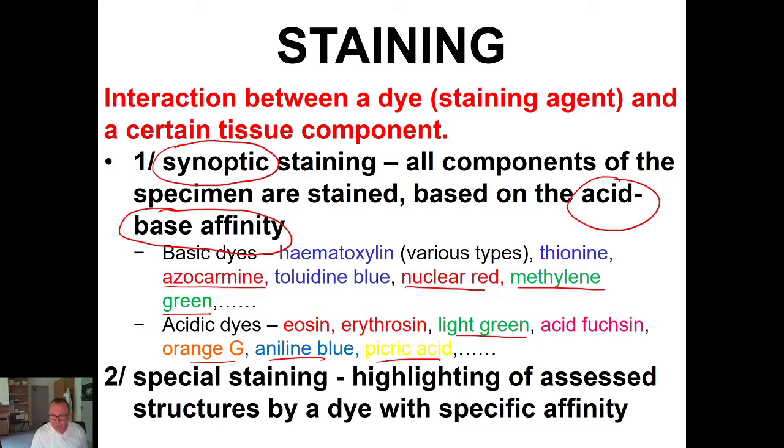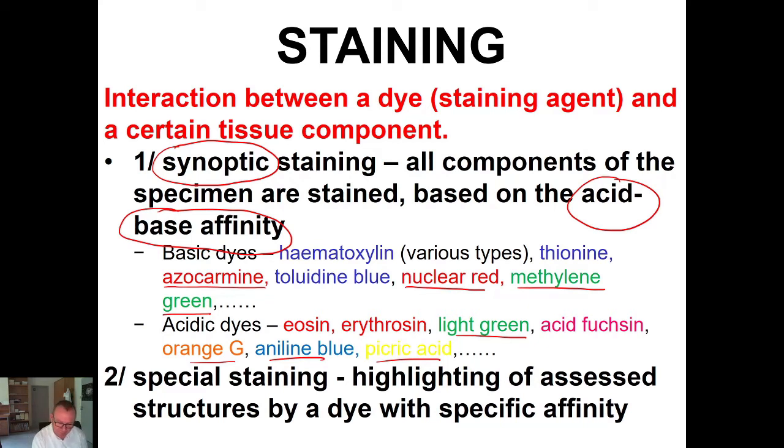We are looking for something, we are interested in some special structure or a special substance in our specimen, so we use special staining to visualize and highlight it. So the special staining is based on the affinity of a special dye and some specific substance.